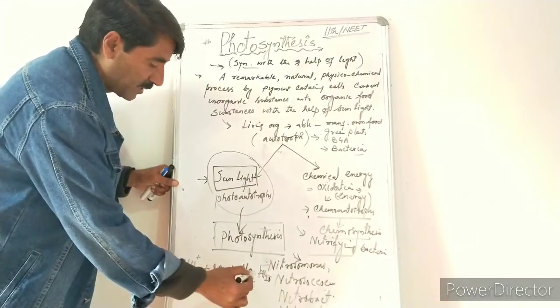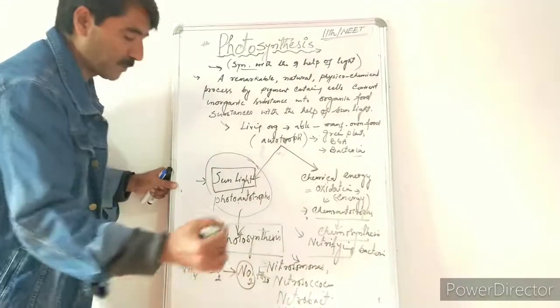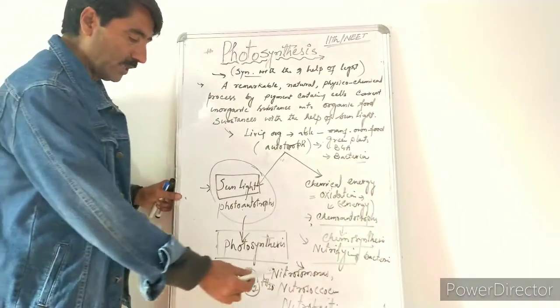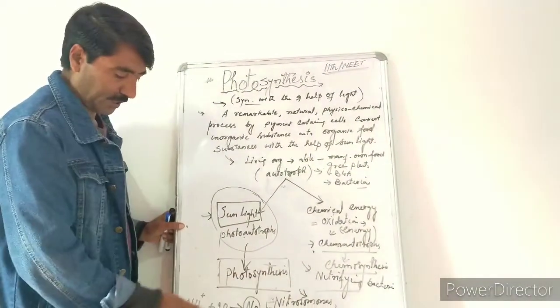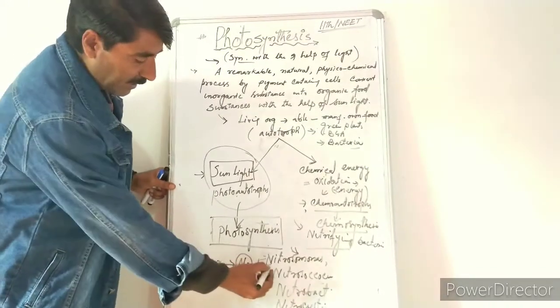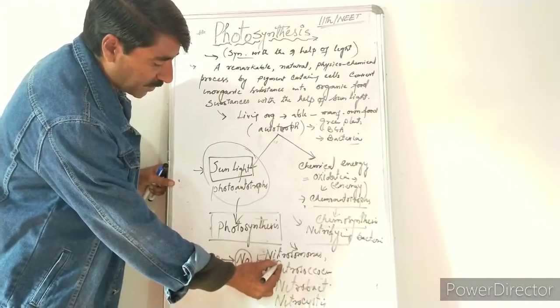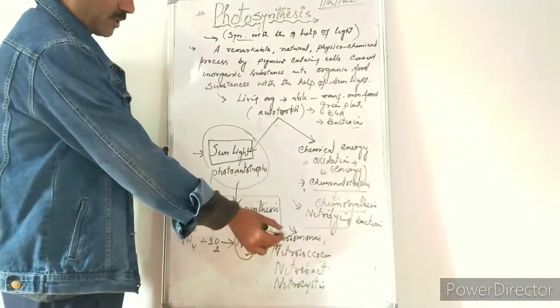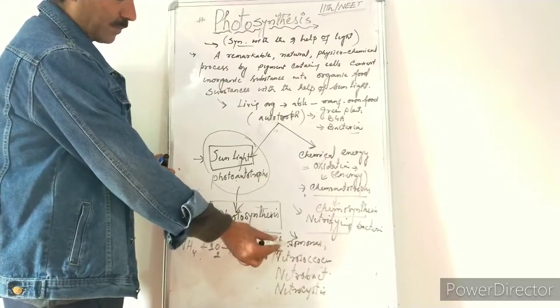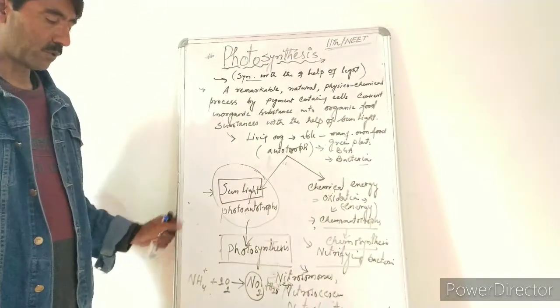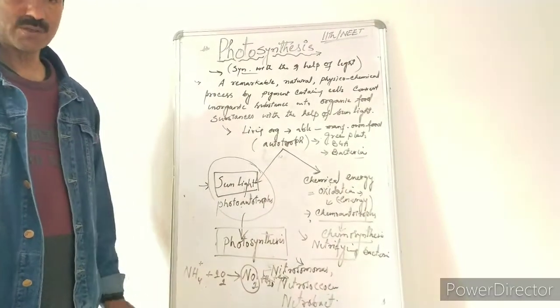Now this nitrite is produced in the environment, so these are also called nitrite bacteria. There is energy liberation during this reaction, and that energy is used by these autotrophs to manufacture their food. So this is an example of chemosynthesis.